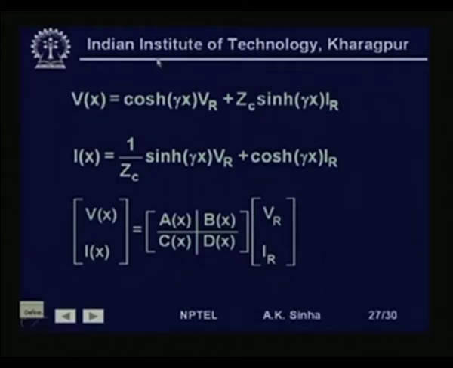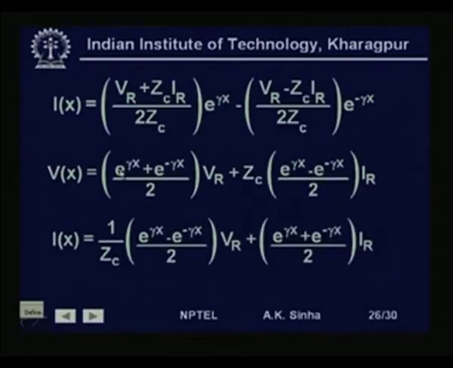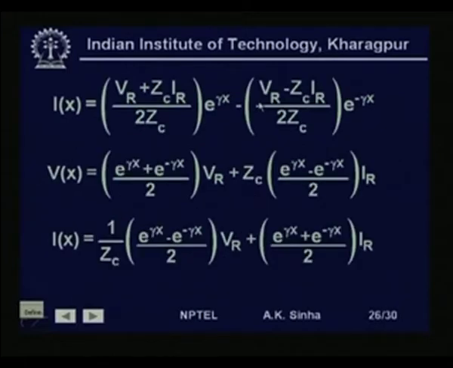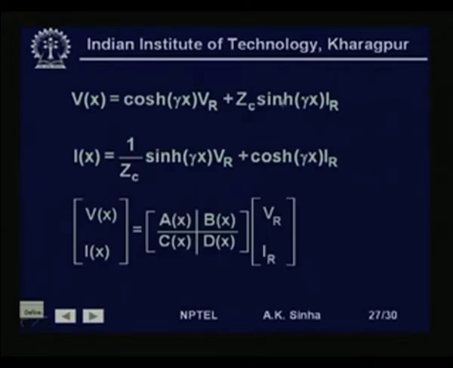Now, (e to the power gamma x plus e to the power minus gamma x) by 2 is equal to cosh gamma x, and (e to the power gamma x minus e to the power minus gamma x) by 2 will be equal to sinh gamma x. Therefore, we have cosh gamma x into Vr plus Zc into sinh gamma x into Ir. That is what we get here.